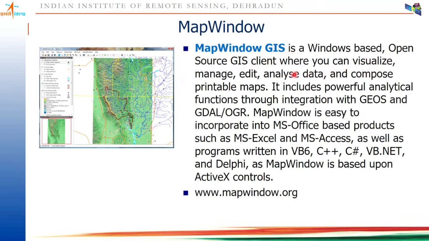It helps you do the same things: manage, visualize, edit, compose printable maps, has powerful functions based on integration with GIS and GDAL, and it is easy to incorporate with MS Office based products because it is the entire Microsoft ecosystem, such as if you have data in Excel or Access, all that can be easily integrated with MapWindow.